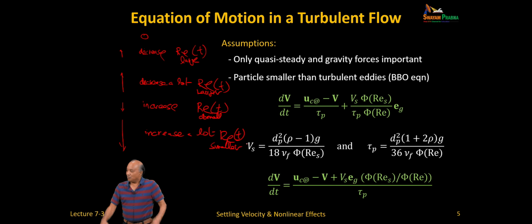Okay. When you average, will it be the same as that of a particle falling down in a quiescent fluid? The answer is no, because of the nonlinear effect: the higher drag weighs more than the lower drag portion.